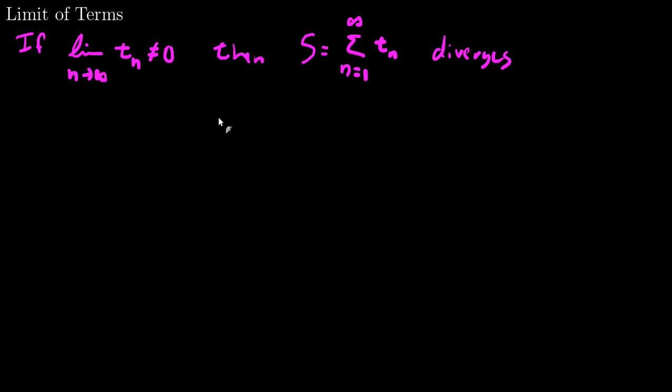And that should make some sense: if I'm adding up infinitely many things, the only way for this to settle down is if, as I get very far down the road, I'm adding on things very close to 0.